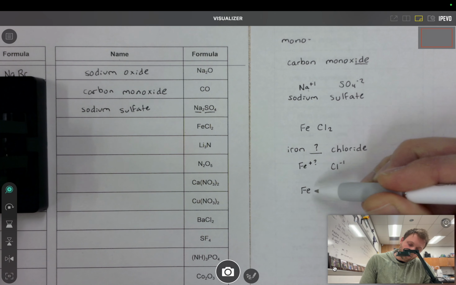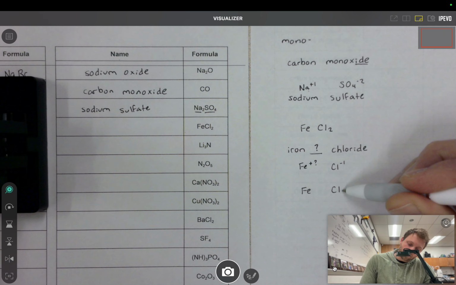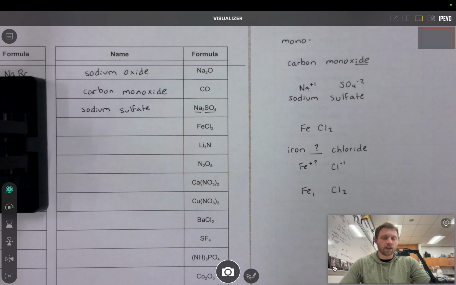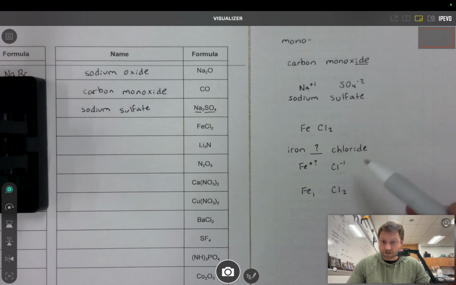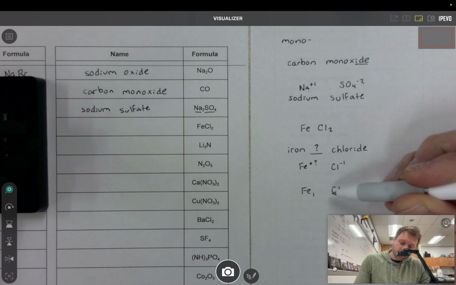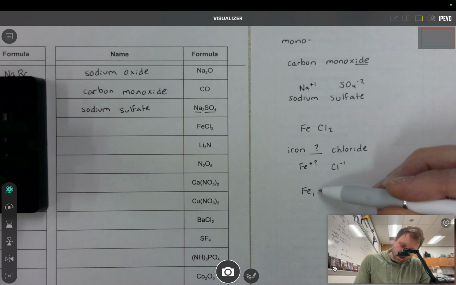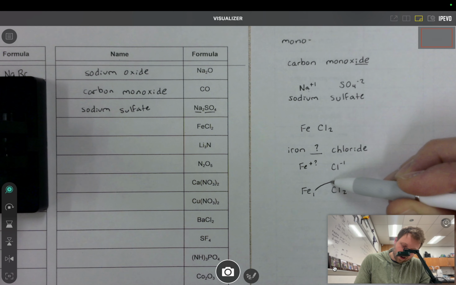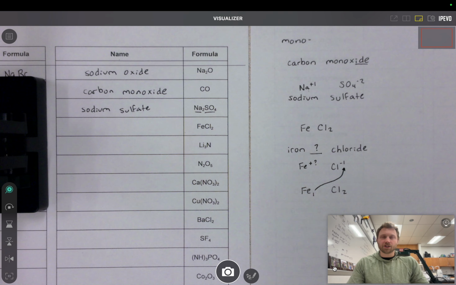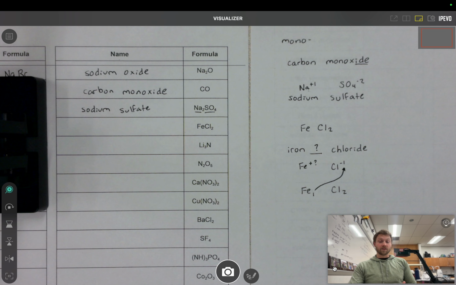Then I write my formula beneath it. Okay, we have 2 chlorides in this formula, and I'm actually going to write the 1 in here. It helps me to show the transition between the charges up here and the quantities in the formula, even though we don't write 1s in our chemical formulas when we finalize them. What I'm doing now is I'm going to cross this number back up instead of crossing it down. And why I'm doing this, I'm trying to check and see if any simplification occurred when the numbers were crossed down.